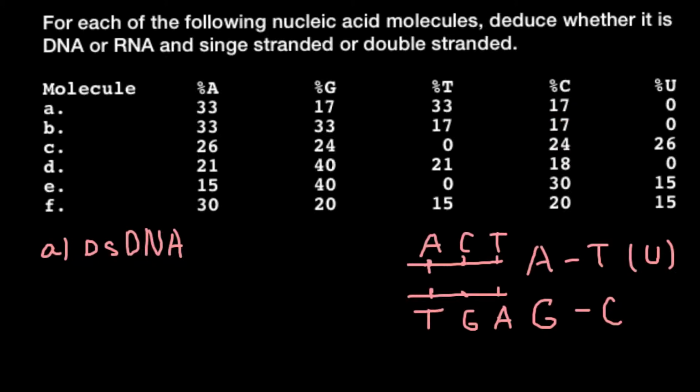And we have the bases adenine, guanine, thymine, and cytosine. That means that this is DNA, not RNA. And because the numbers don't equal each other, as they should in a perfect match of double-stranded DNA, this is going to be single-stranded DNA.